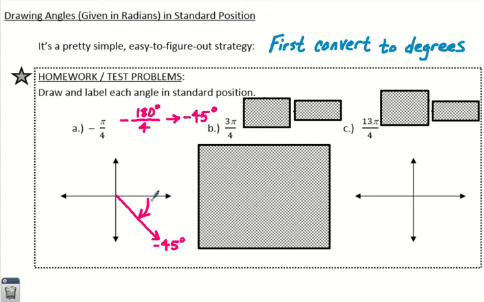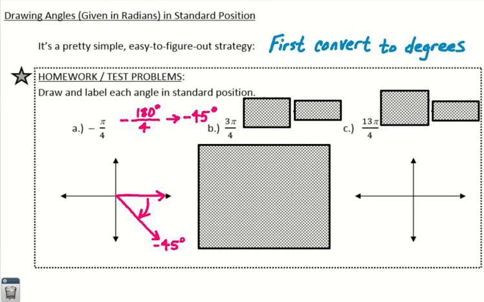And maybe you're wondering, where was the initial side? Don't really have to draw that, at least I'm not going to. It's not life or death, at least for me, if you don't draw the initial side of your angle.